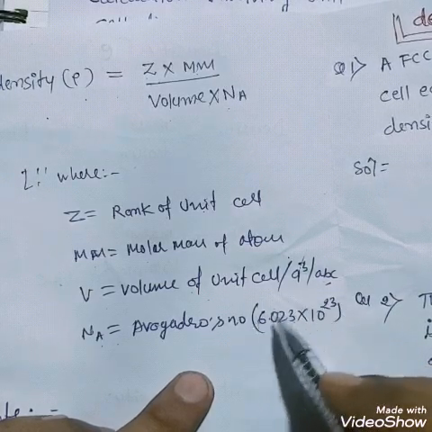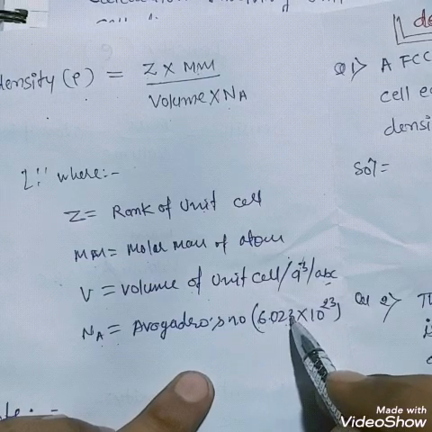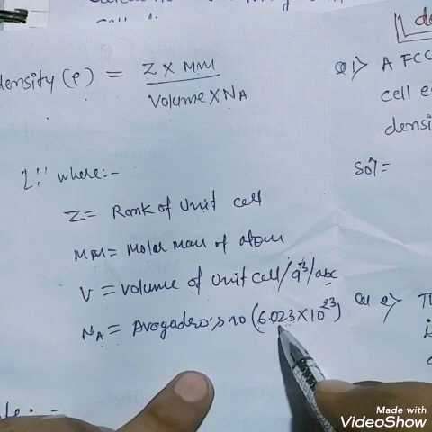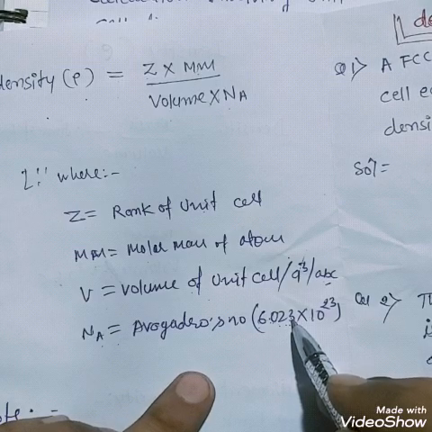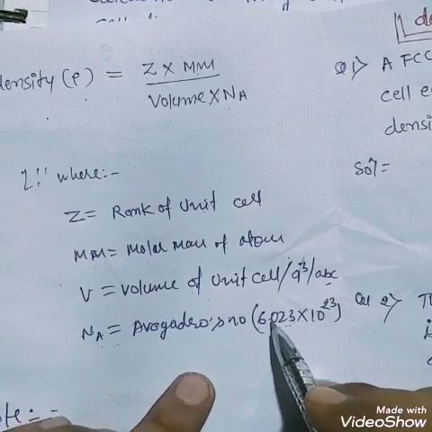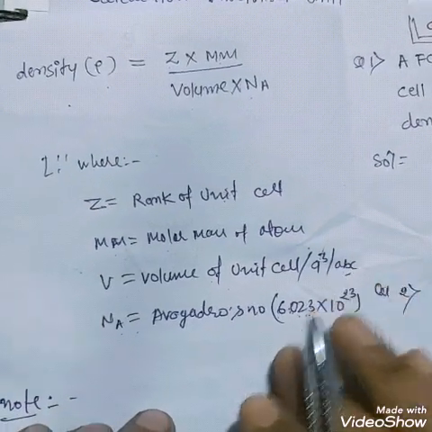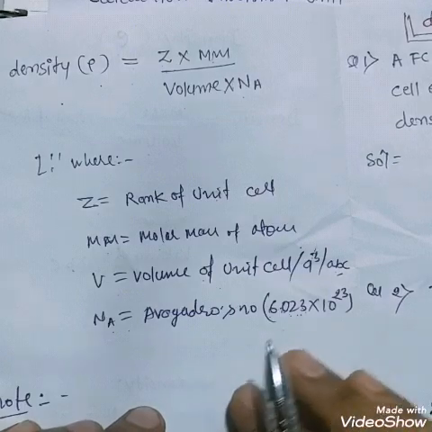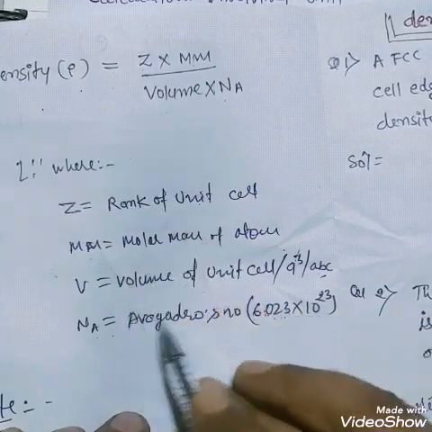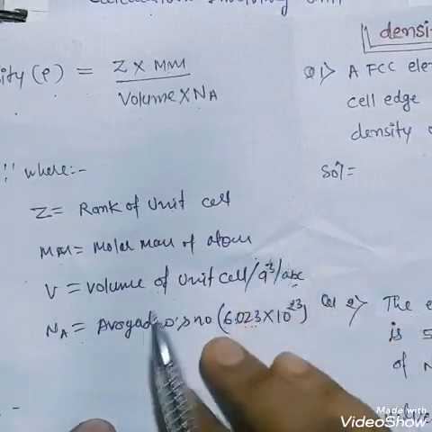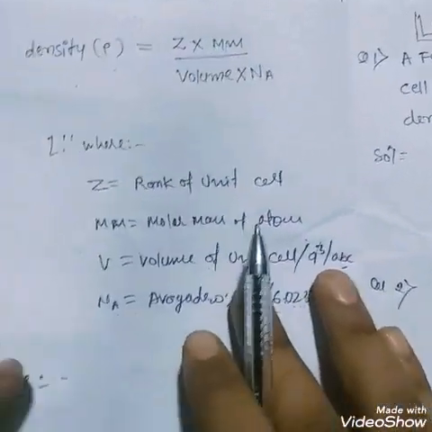Many books have a different value, 6.022, and many books use 6.023. It doesn't matter, because the digits after the first three are not affected in the values. By using this data we calculate some numerical questions. So I think you understood, students.